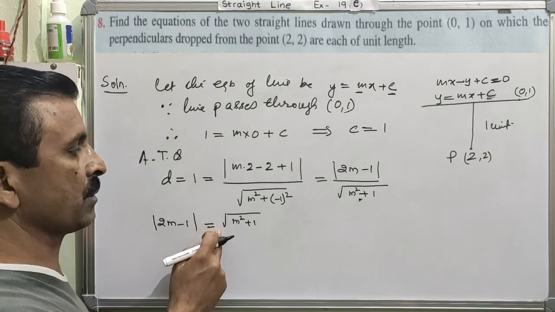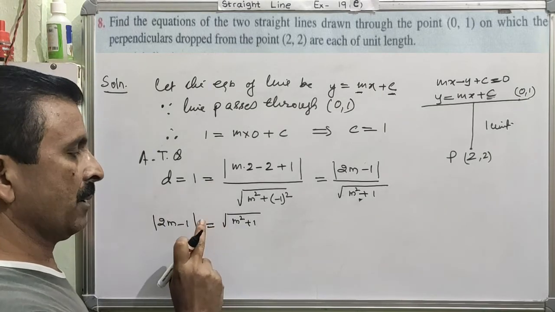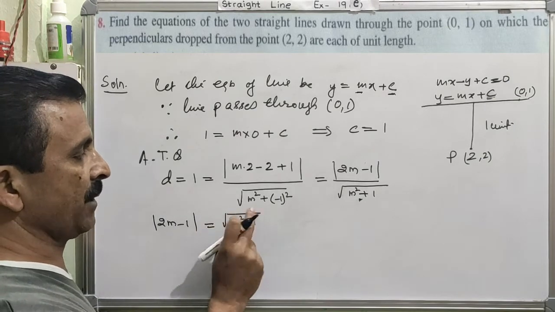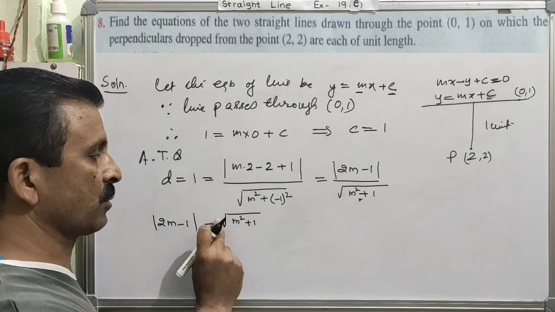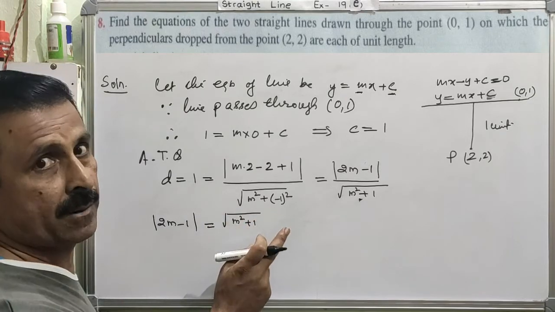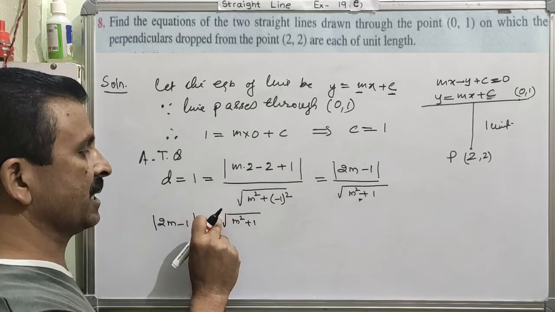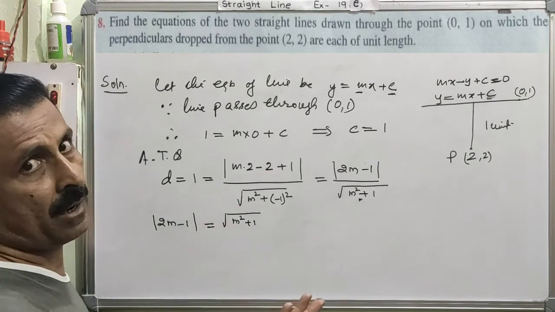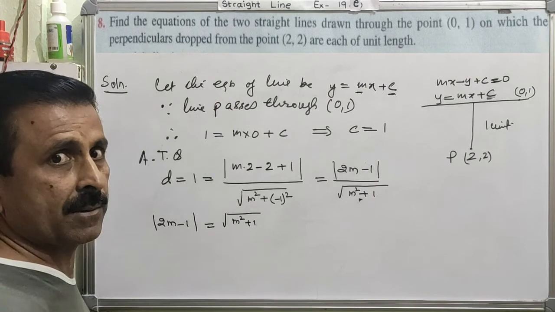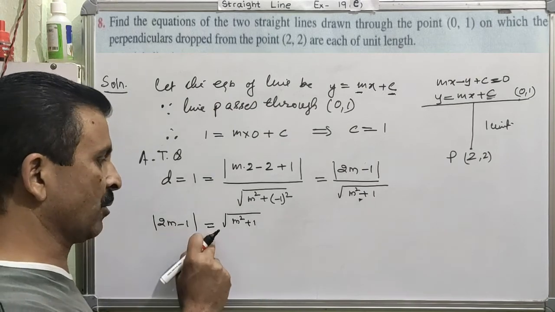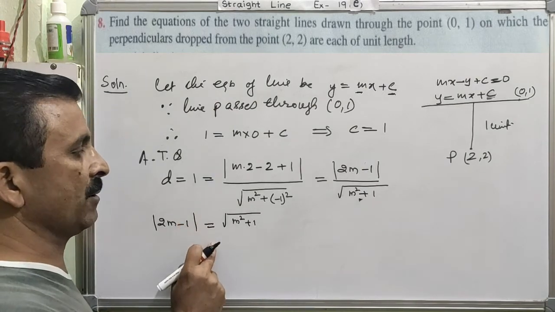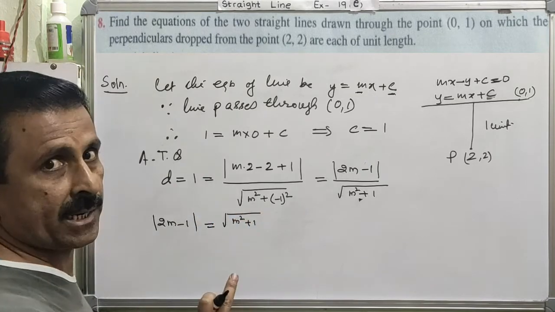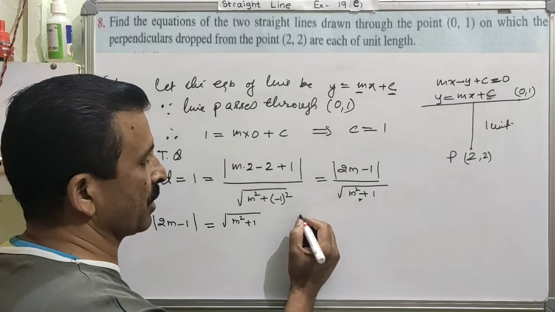But remember here, our problem is this root sign first of all. To get rid of this root sign, you are going to square it. Clear? So whether this is plus or minus, the minute you square it, everything will become positive. And therefore here, when you remove this absolute value sign, there is no point of giving a plus minus sign, because you are going to square it. So we are now going to square on both the sides.